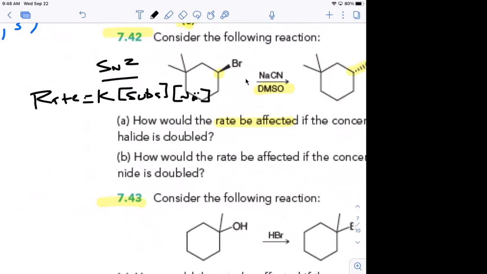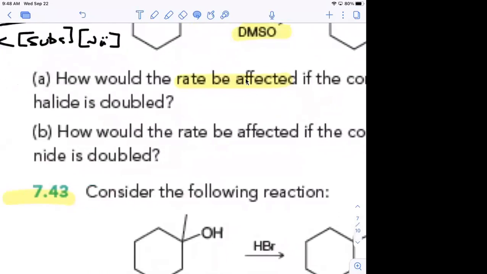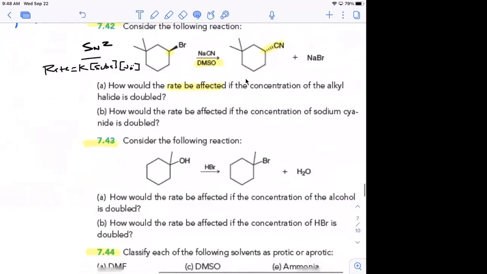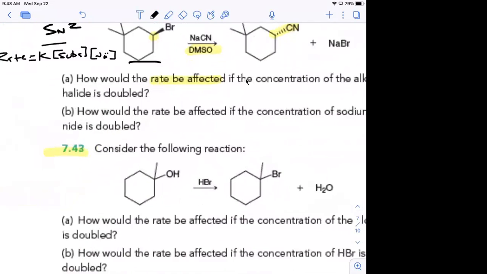Let me move that over. Shrink it down. All right. So how would the rate be affected if the concentration of the alkyl halide is doubled? So the alkyl halide is my substrate. That's this one, right? It'll double. The rate should double. Excellent.